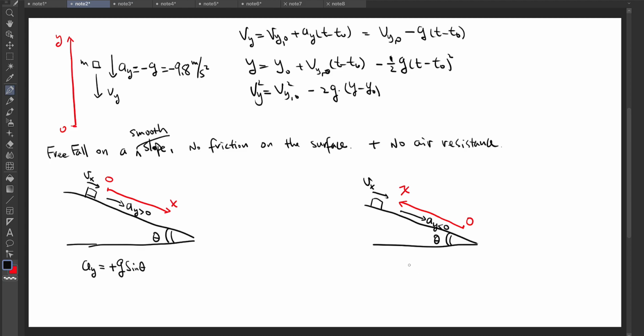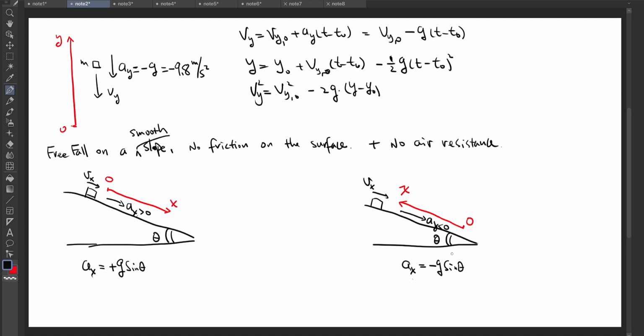Now in this case here, ax is negative g sine theta.